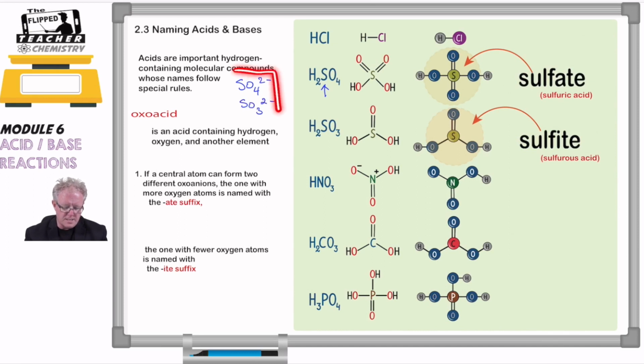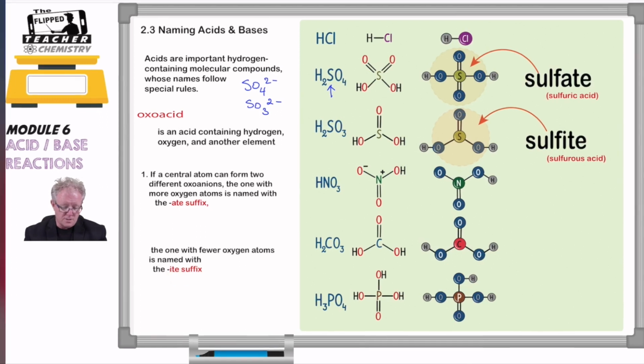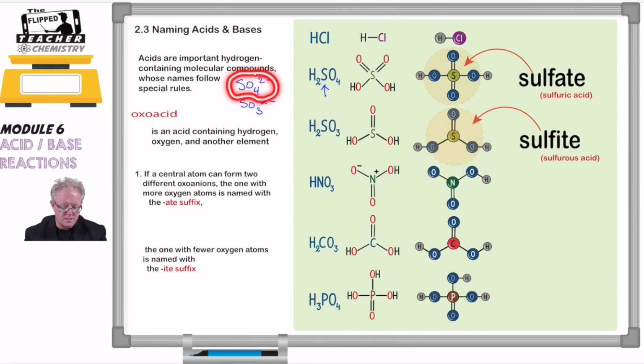So therefore it has the ability to form two types of oxo anions. Then what you do is the one that has the more oxygen atoms is called ate. The one that has the lower number of oxygen atoms is called ite. So this is called sulfate and this is called sulfite.